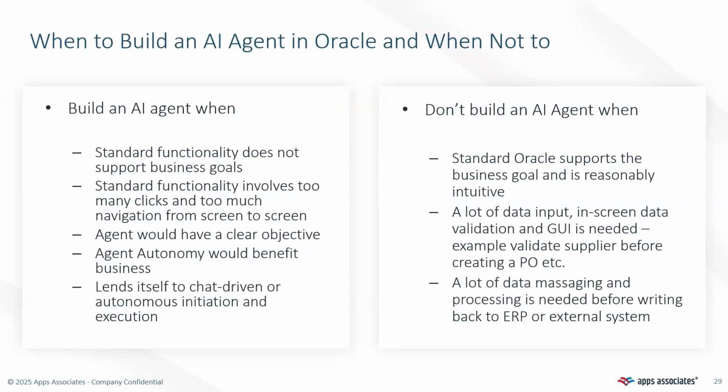Sometimes, until we get multimodal contexting, when a lot of data is needed to do the thing you're trying to execute, you may want to consider not creating an agent when you have a lot of data to enter. And secondarily, AI agents really depend on the data that's in your ERP. So you want to make sure that you don't require a lot of data massaging and that data doesn't need to be updated before it's written back to the ERP system.